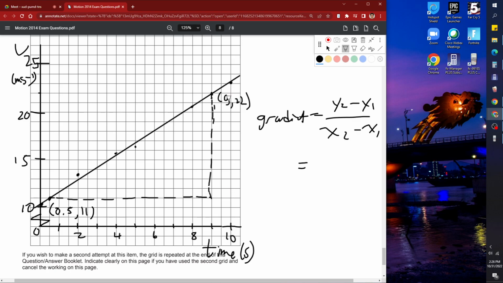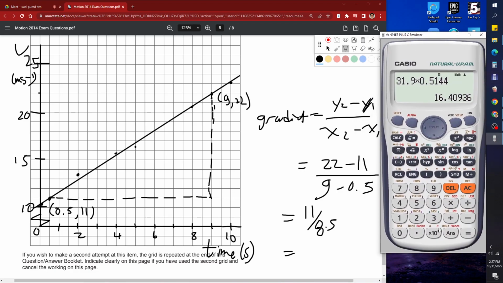So y2 is 22, minus y1, which is down here, 11, divided by x2, which is 9, minus 0.5. So we got 11 over 8.5. You should get a value for that. Let's calculate that out. It is 11 divided by 8.5.